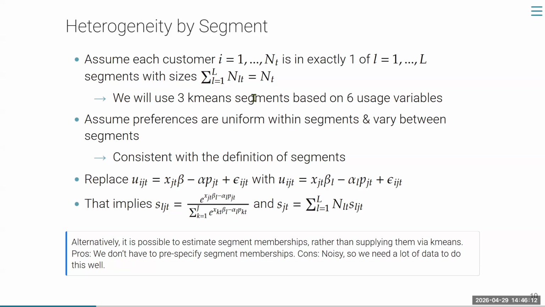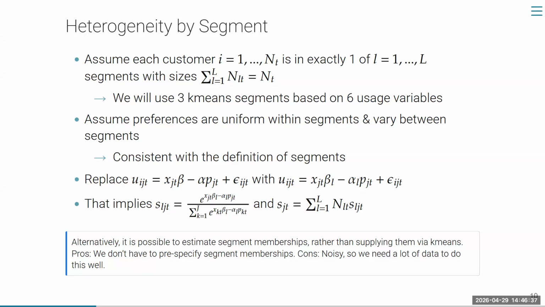So you're positing that there's a certain number of types of customer in the market, and you're allowing the preference parameters to vary across those types. But by saying there's a type, you're saying within that type, the preference parameters are the same. So that's what we're doing in this approach.